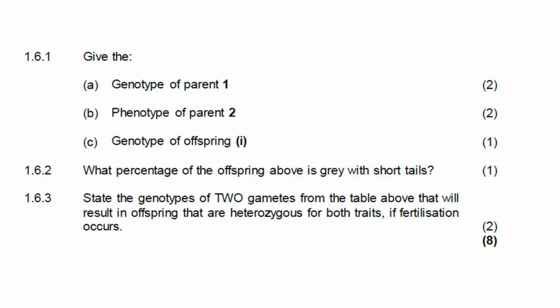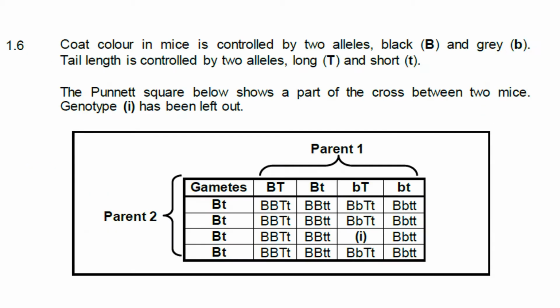Then question 1.6.3, state the genotypes of the two gametes from the table above that will result in offspring that are heterozygous for both traits if fertilization occurs. Right, so the first thing we do is we go and highlight all of those offspring that are heterozygous for both characteristics. And as you can see, it's only those four.